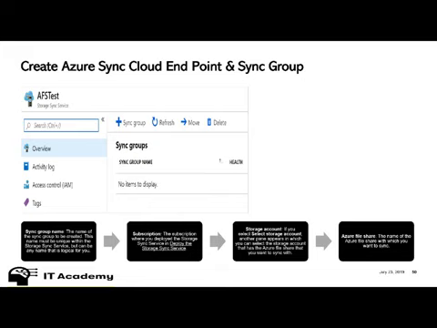Now that we've registered our on-premises server with the Azure Sync Cloud service, it's important that we now create a synchronization group. Synchronization groups allow us to treat certain on-prem servers the same. What that means is we can create a sync group that contains the properties of a synchronization job that determines what data gets synchronized to that file share.